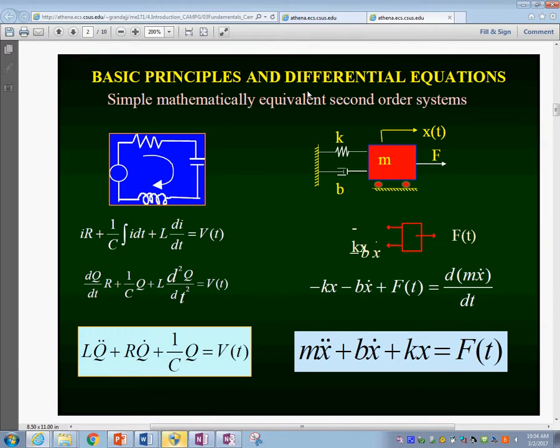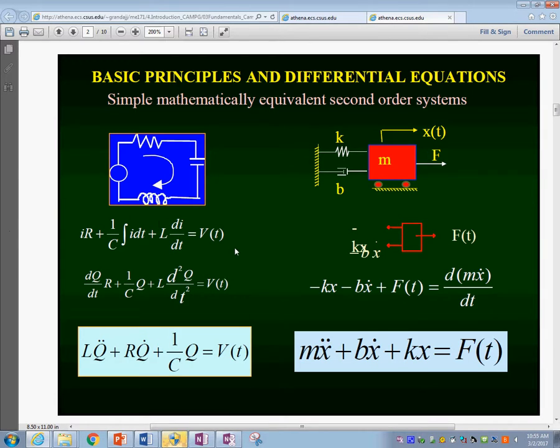So here we have some very basic principles. On the left, we have the differential equations that control the dynamics of the circuit and the corresponding second-order differential equation. The one on the right shows us the differential equation of a mechanical system.